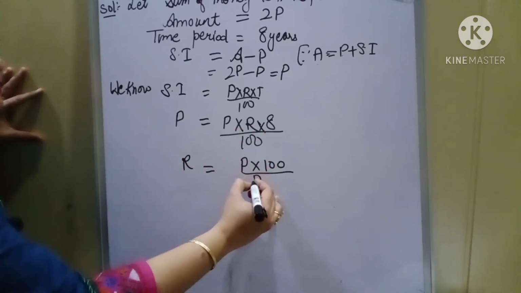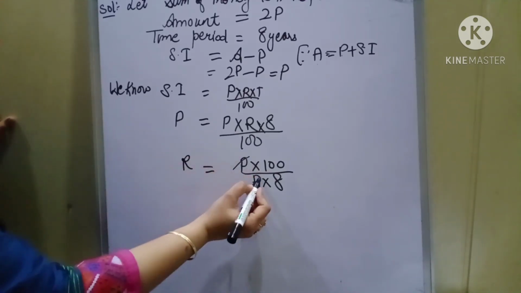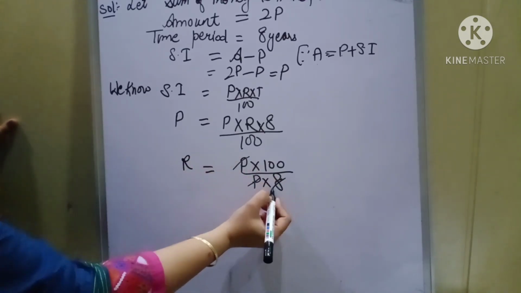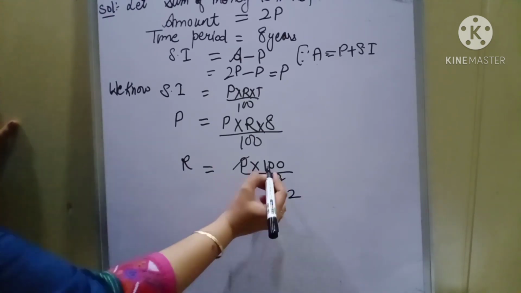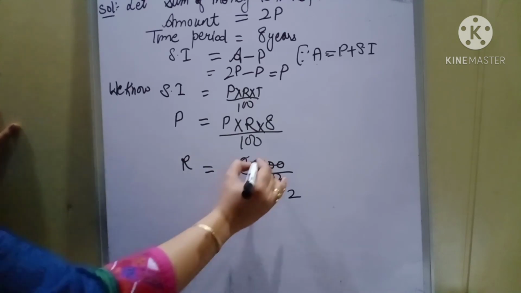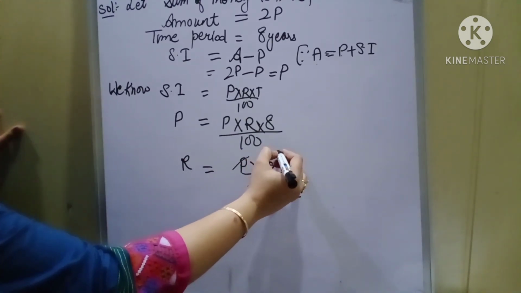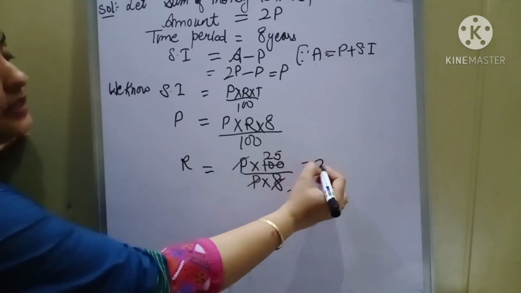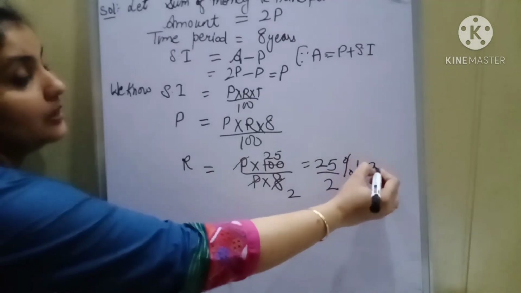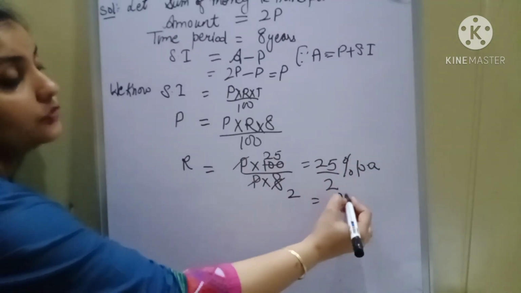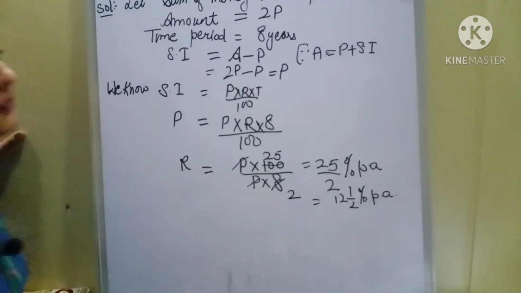R we have to find. The things in the numerator come in the denominator. P and P cancel. On the table of 4, 4 2s are 8, 4 2s are 8, remainder 2. 4 5s are 20. That is 25 by 2% per annum, or you can say 12 and 1 by 2% per annum.